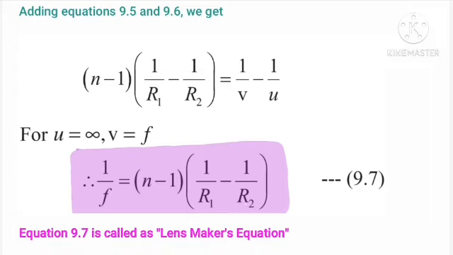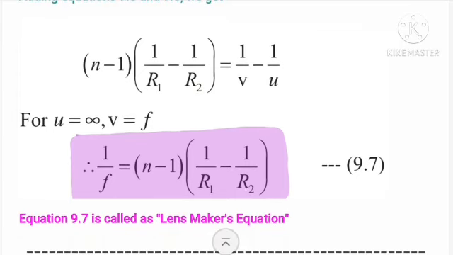Rearranging the equation, we get 1 upon f is equal to n minus 1 into 1 upon r1 minus 1 upon r2, because u is infinity, so 1 upon infinity is 0, and v is equal to f, so 1 upon v is 1 upon f, which is kept on the LHS, and the RHS is as it is. This is our equation 9.7, and this equation is called the lens maker's equation. So this is how we derived the lens maker's equation in today's lecture.